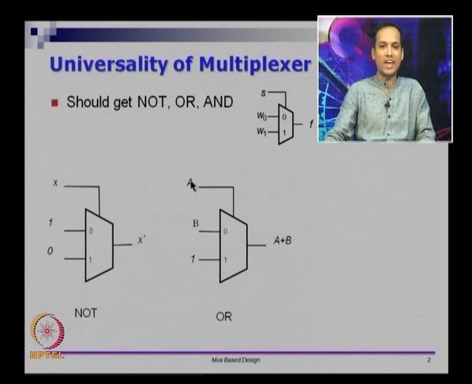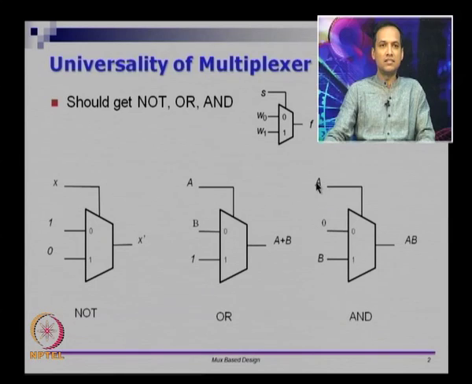So, when A is 1, the output should be 1, when A is 0, the output should be B. This is the logical functionality for the OR gate. And finally, for AND, when A is 0, without checking B, you can say that the output must be 0, and if A is 1, the output should follow B. This is the logical circuit for an AND gate.